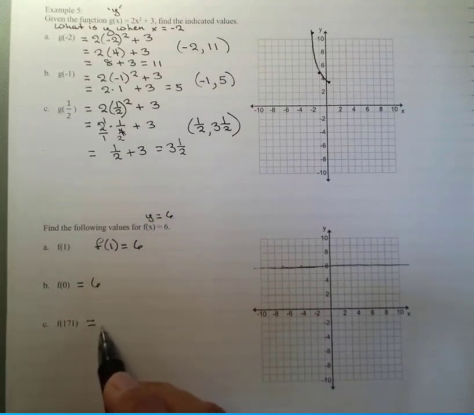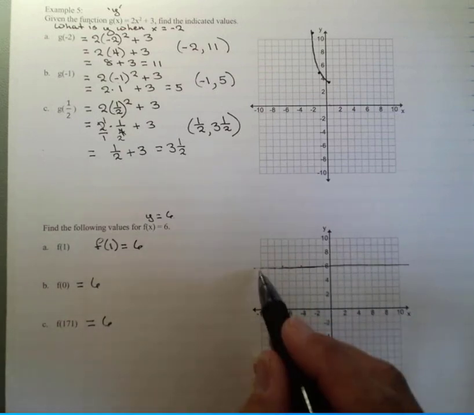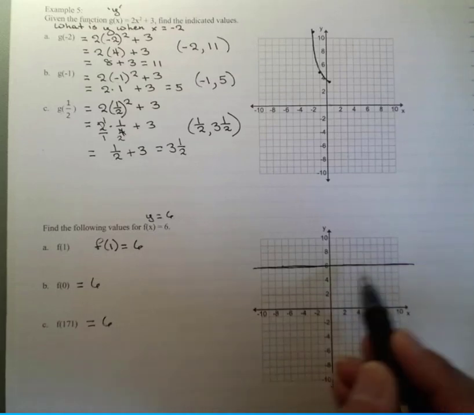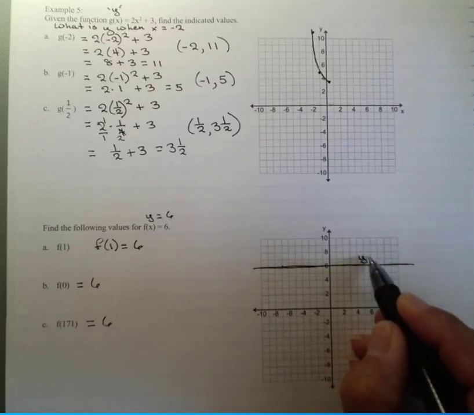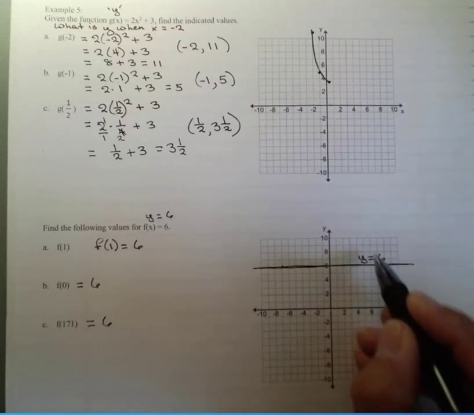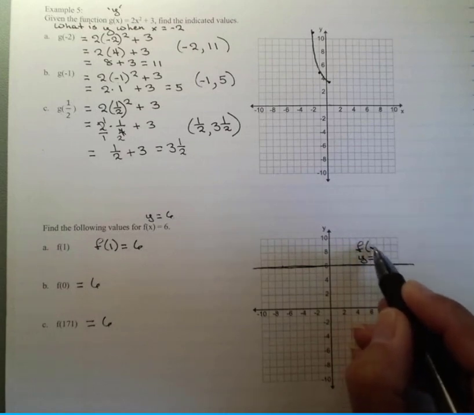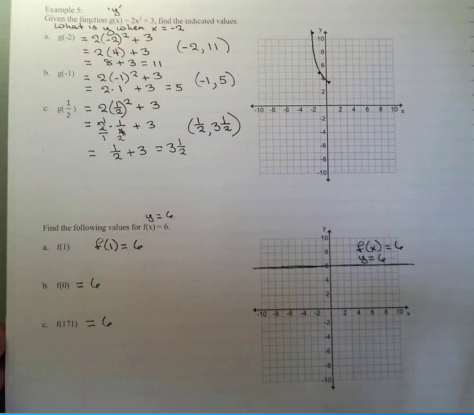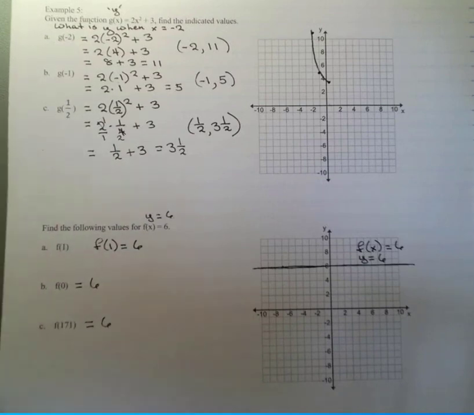F of 171, it's equal to 6. This line is a horizontal line right at y is equal to 6, and that would be that function. It's also written in function notation. It would be f of x equals 6. And that's just a little taste of function notation, and you'll have some more practice with that inside your lab.